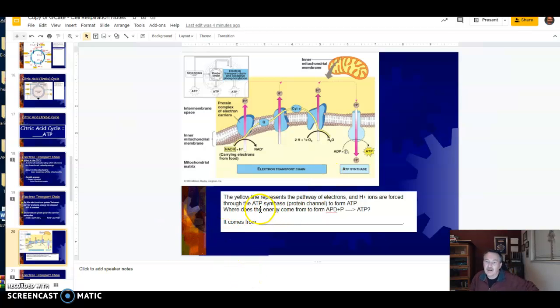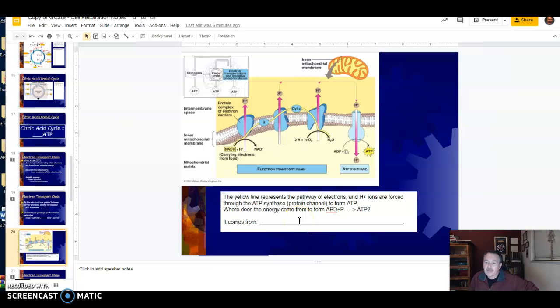So this one here is basically asking you to answer this particular statement. It says the yellow line represents the pathway of electrons, and H plus ions are forced through the ATP synthase protein channel to form ATP. And I did reword the last sentence here.